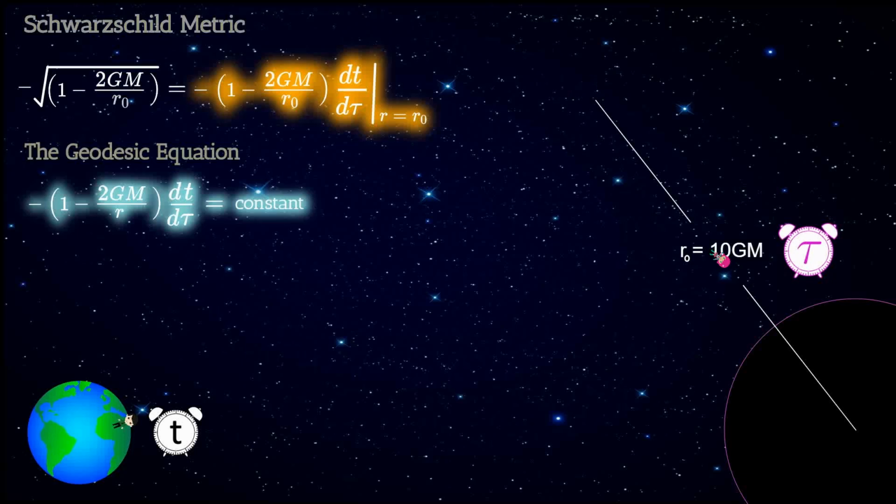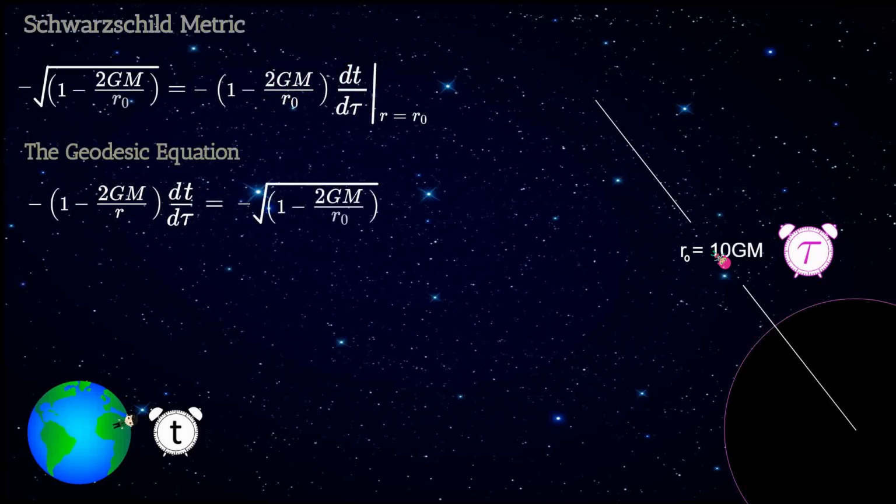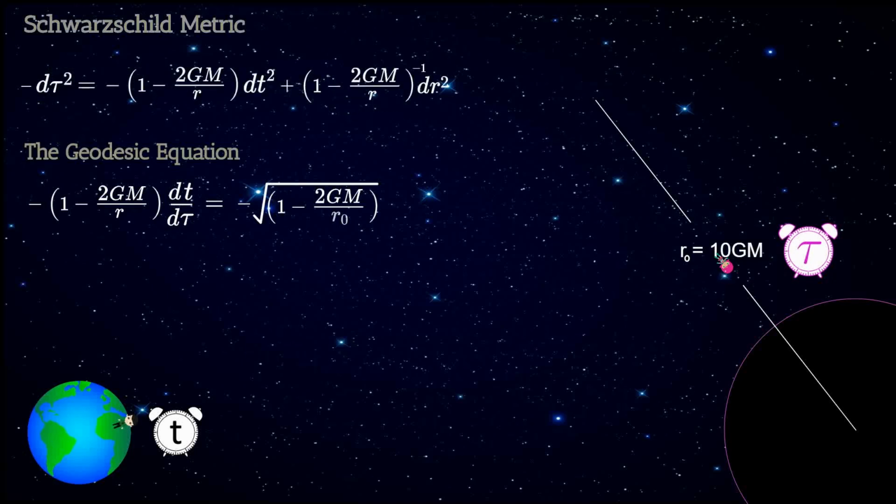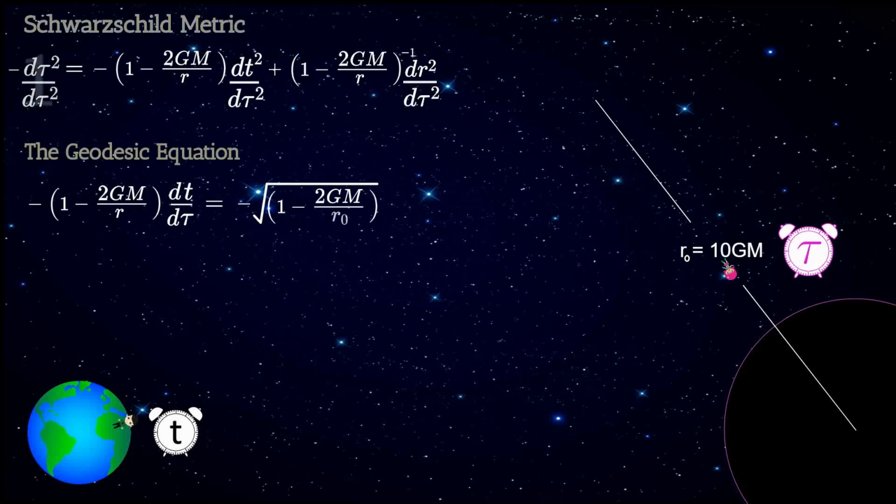So let's make that substitution. Now that we discovered the constant of the motion, let's go back to the form of the Schwarzschild metric, when we had cancelled out the d theta and d phi terms, but we are not evaluating at r equals r naught. Once again, we divide by d tau squared.